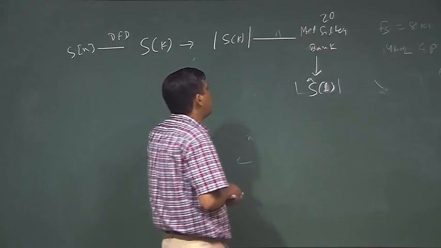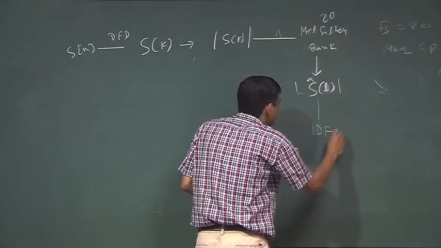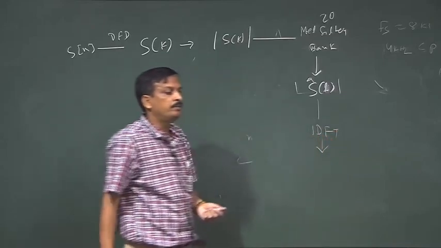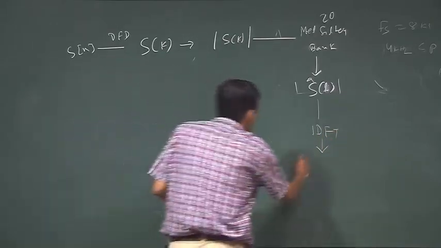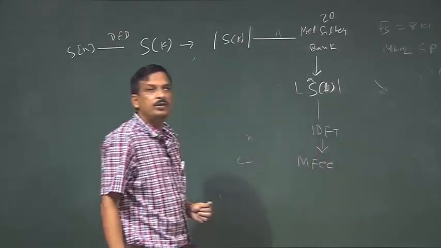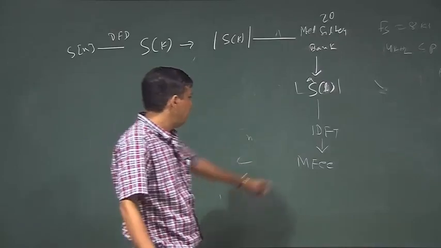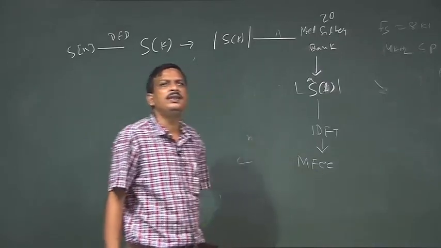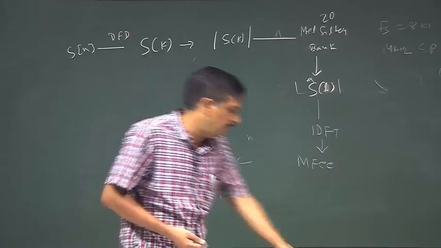Once I get the mel spectrum, I can pass it through an IDFT to get the MFCC. Those delta and double delta will come later on. So, I get MFCC, mel frequency cepstral coefficient.